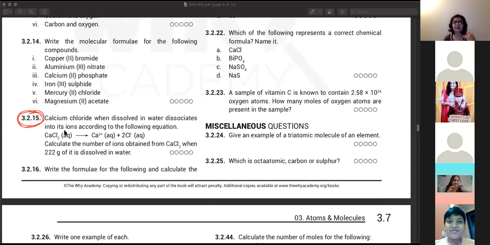Isme, like, this is where you need to put your understanding. So calcium chloride, when dissolved in water, dissociates. So dissociates ka matlab splits up, breaks apart, separates. Okay, so it separates into its ions. So calcium chloride hai, matlab isme what all ions will you get from this?